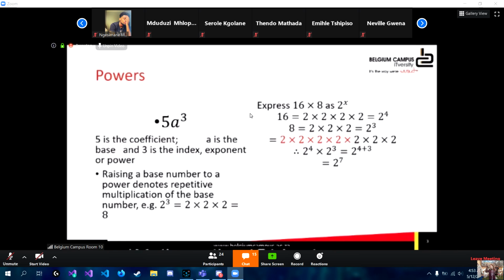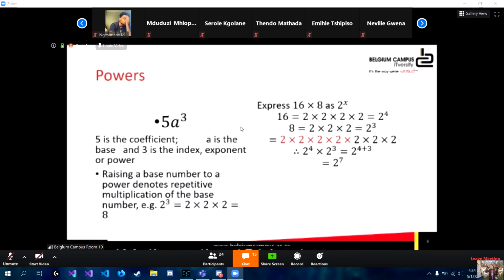A is called the base, and that 3 is called the power, or the index, or the exponent. When we have more than one index, they are then called indices. So that's why you see in some textbooks or articles, it written as rules of indices, because there's more than one index.